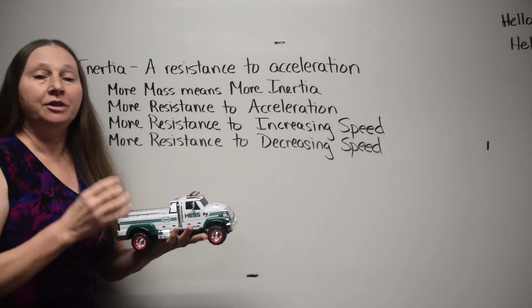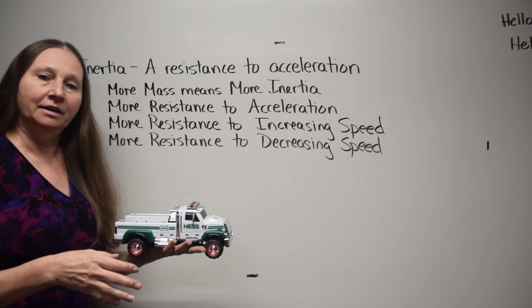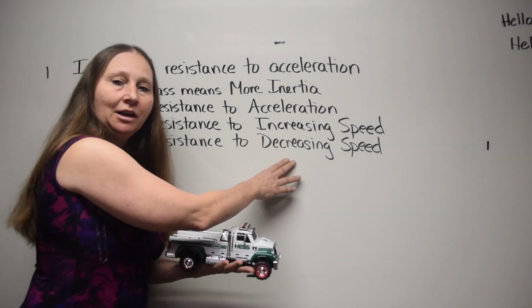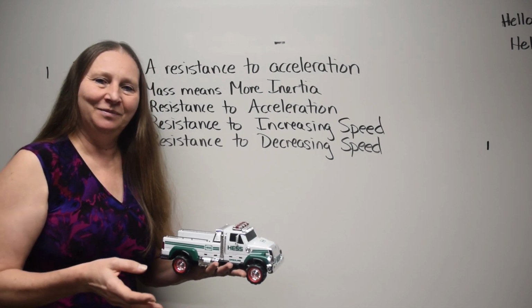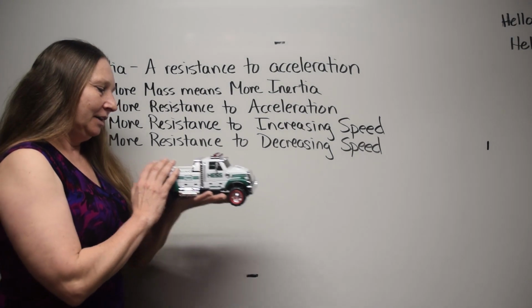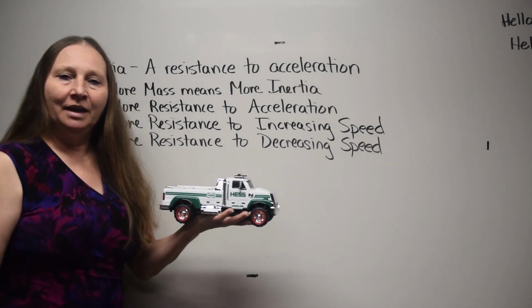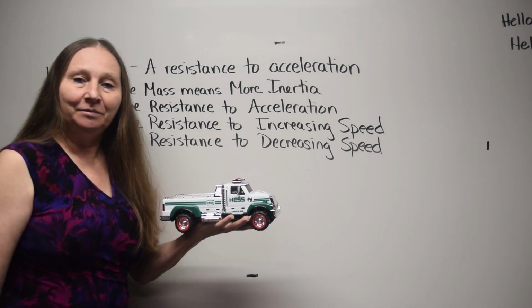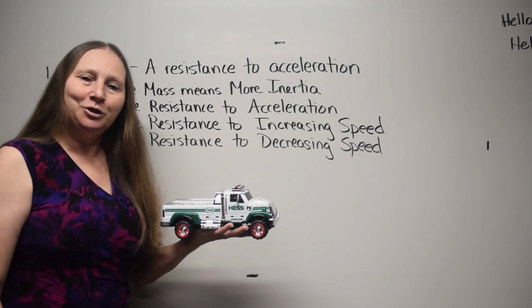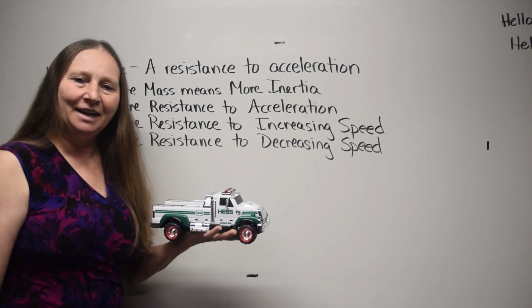Now let's see how the second way to accelerate applies to inertia. The second way to accelerate is to decrease your speed. Let's say, for example, that this toy truck is running down the road at 3 meters per second, right? And a regular truck, a big truck, is also coming down the road at 3 meters per second.